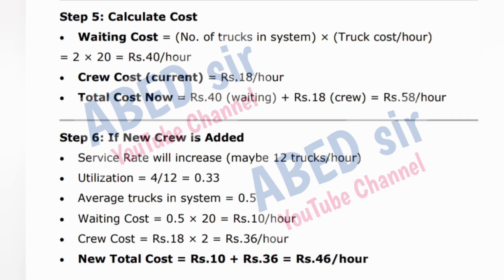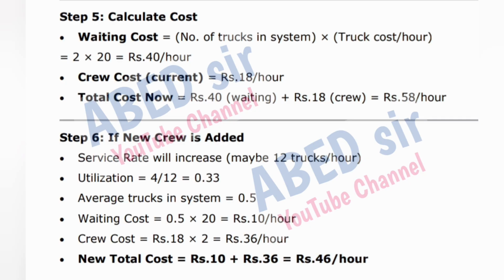Step 6. If new crew is added, service rate will increase, maybe 12 trucks/hr. Utilization is equal to 4/12 is equal to 0.33. Average trucks in system is equal to 0.5. Waiting cost is equal to 0.5 times 20 is equal to 10 rupees per hour. Crew cost is equal to 18 rupees times 2 is equal to 36 rupees per hour.